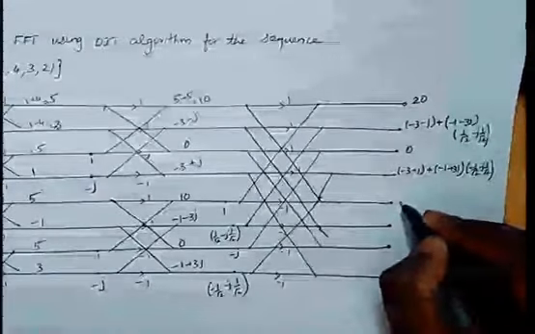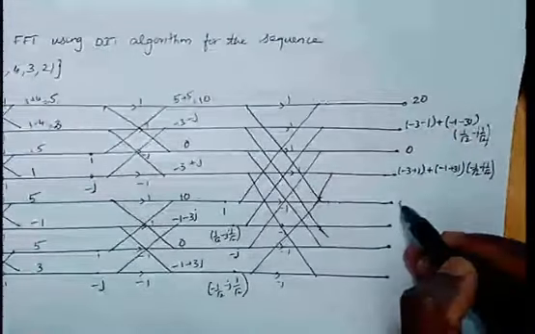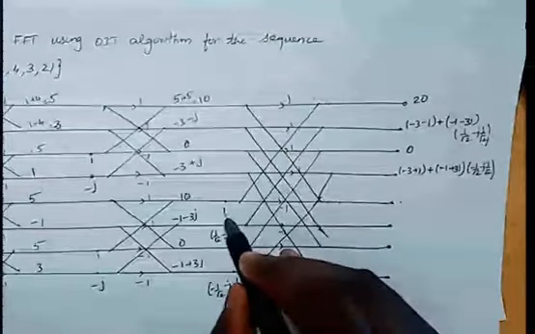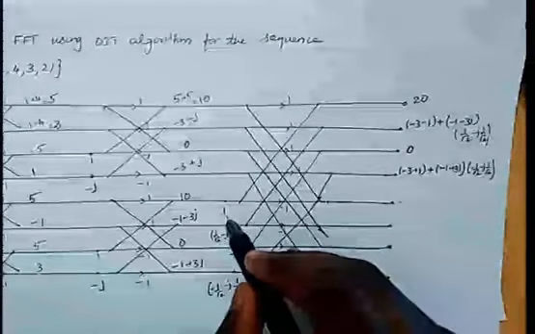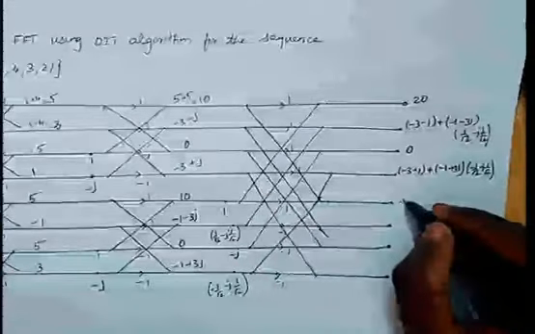And what about here, this term? We have 10 here, and 10 into 1 is 10, and 10 into minus 1 is minus 10, so 10 minus 10 is going to be 0.